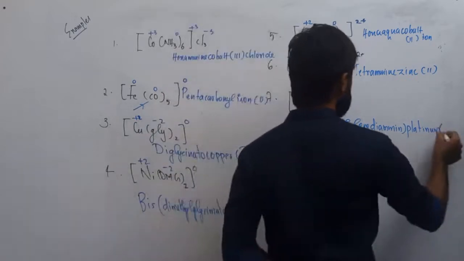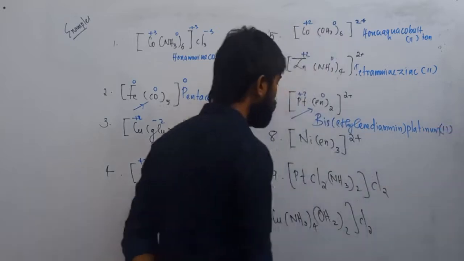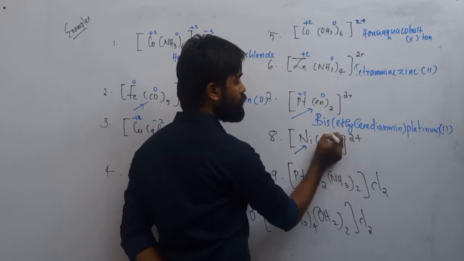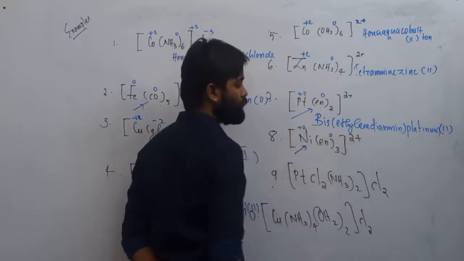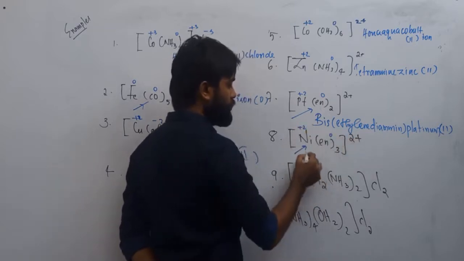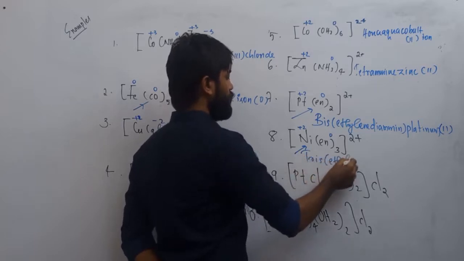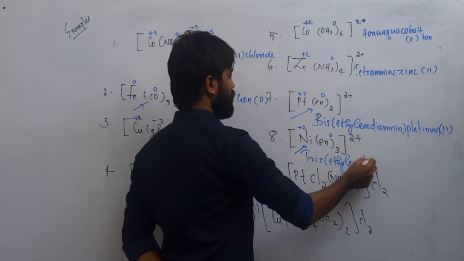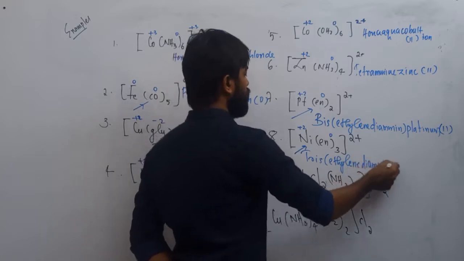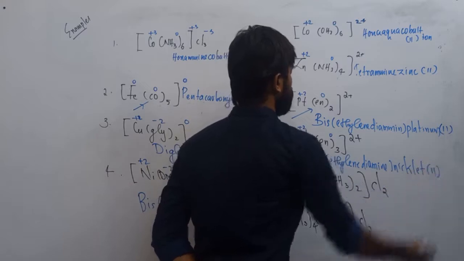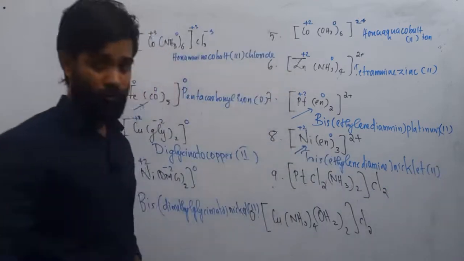So this one has +2 charge. So platinum 2 ion. Okay. Now again the same kind of one. The charge is +2. Here 0. So here it is +2. Okay. So that is tris(ethylenediamine) nickel 2. Nickel is in 2 oxidation state.